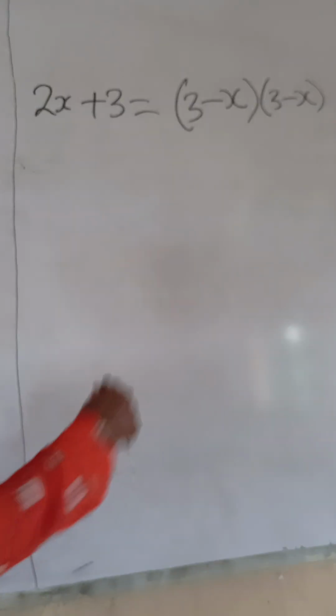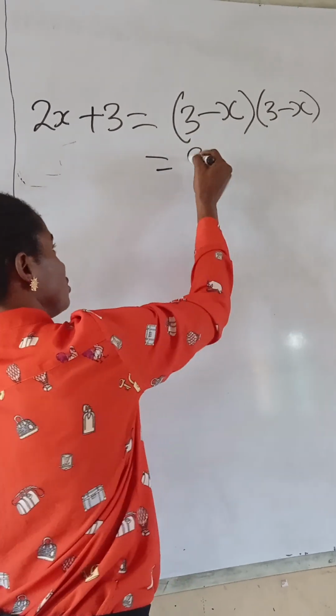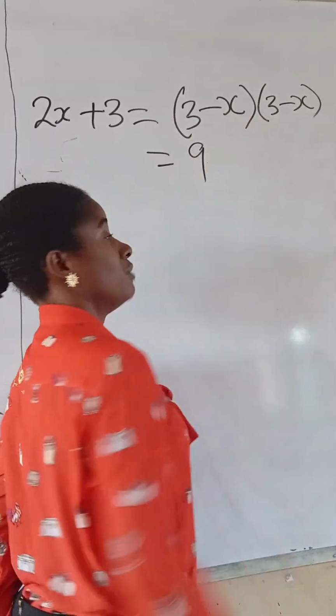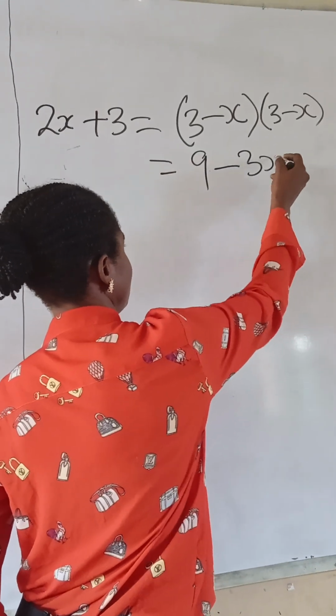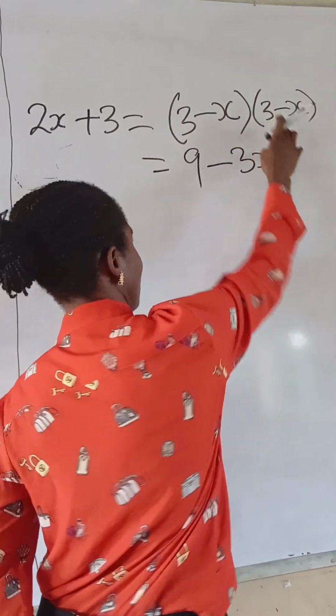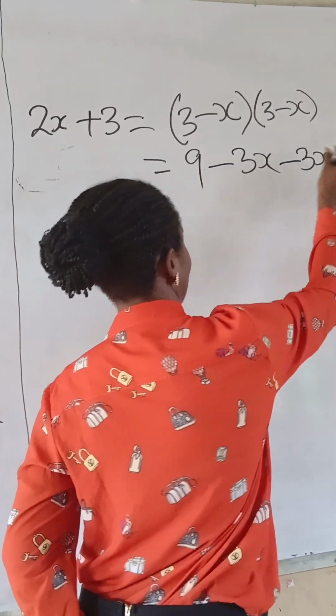This expression that we have here is the same thing as 3 minus x raised to the power of 2. We are going to have 3 times 3 is going to give us 9. 3 times minus x is going to give us minus 3x. We have minus x times 3 is going to give us minus 3x.